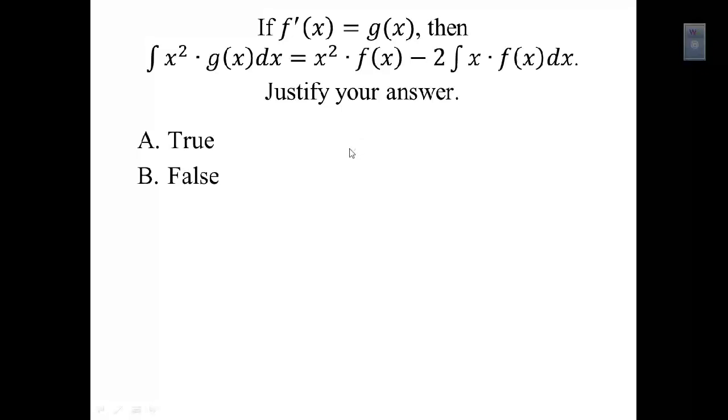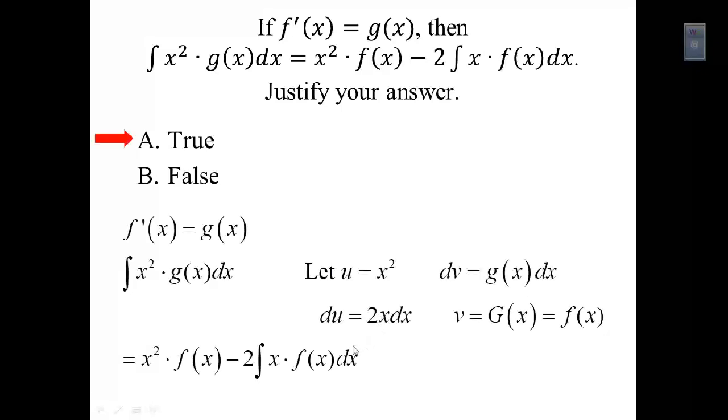All right, so you guys try that one and see if you're going to get the right thing. Check it out, try it, pause the video, and see if this is true or false. I'm going to give you 5, 4, 3, 2, 1, and the answer is true.